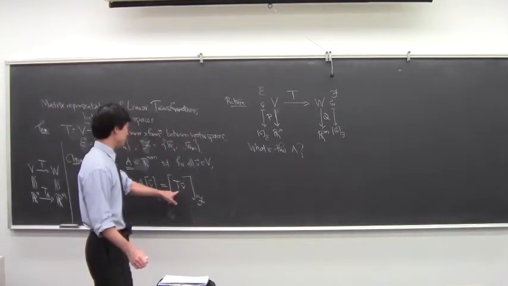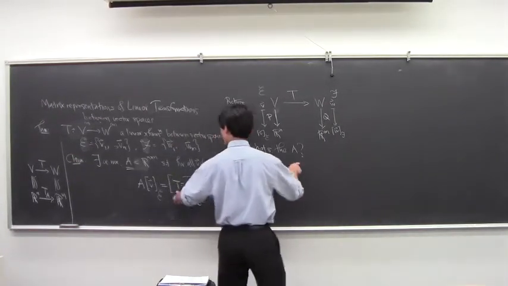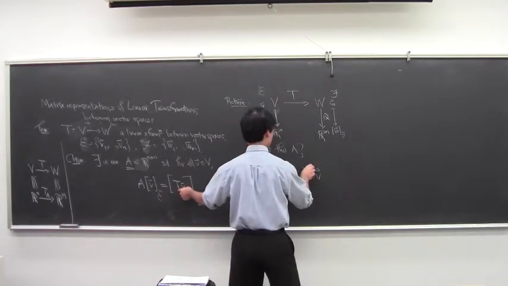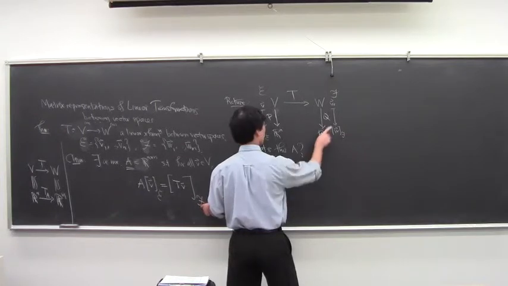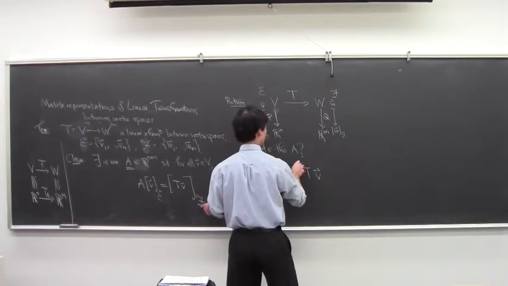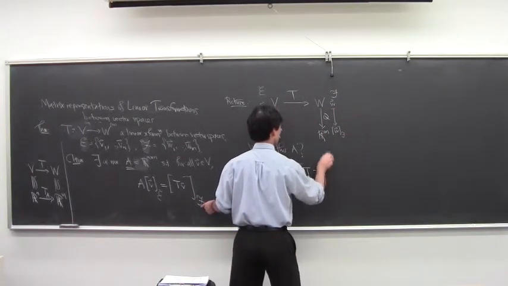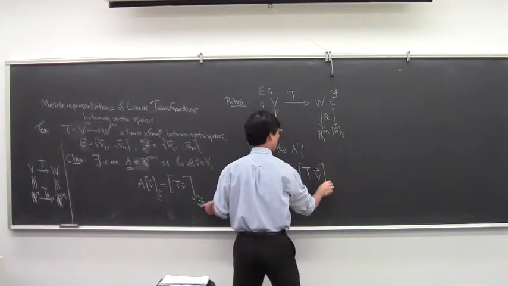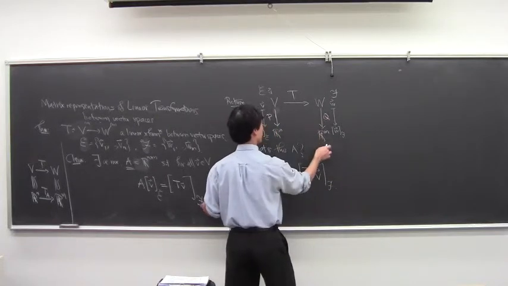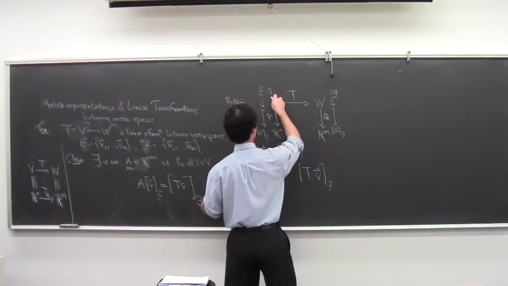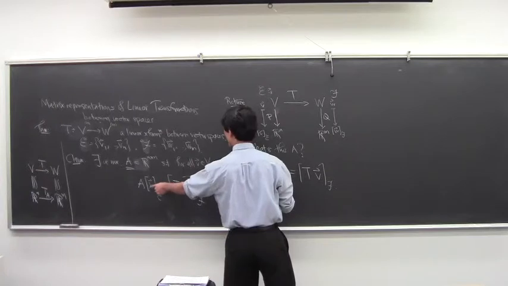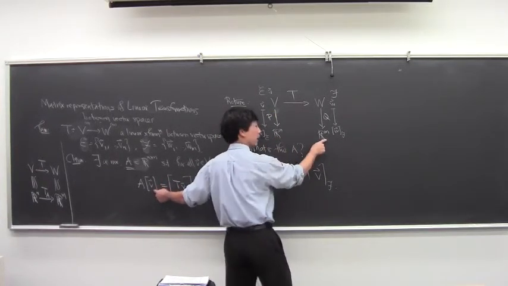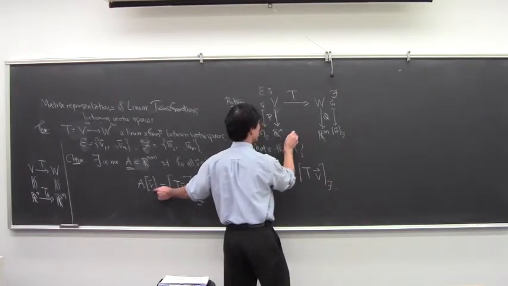It says that if you take a vector and run it through T, and then run it through the coordinate map with respect to F, then it's the same thing as if you took that vector and ran it through the coordinate map first, and then hit it with A.